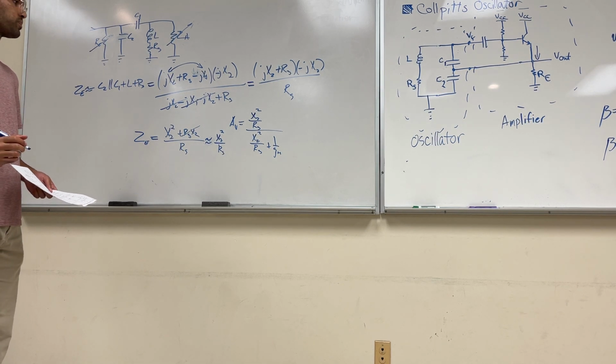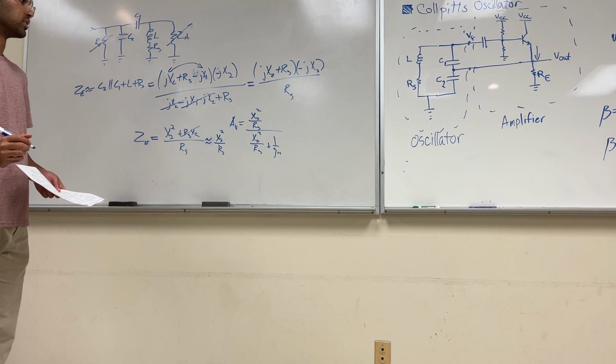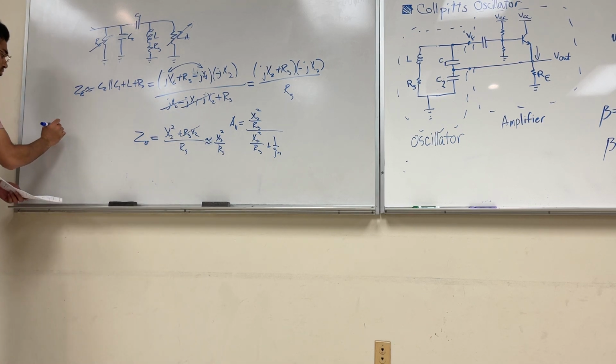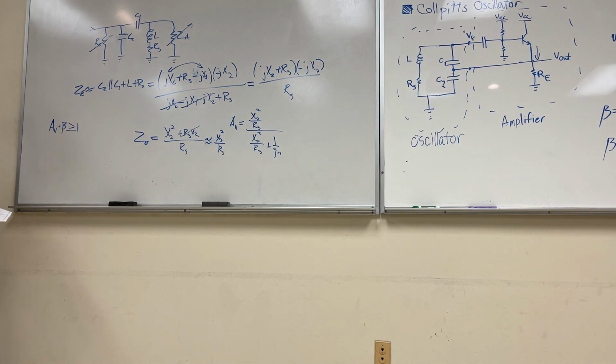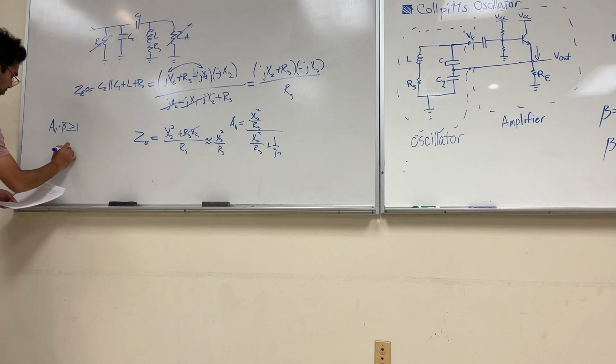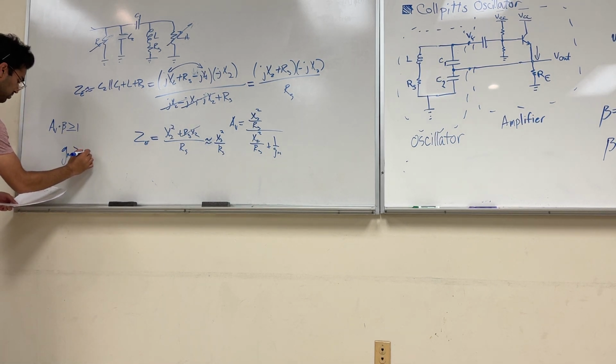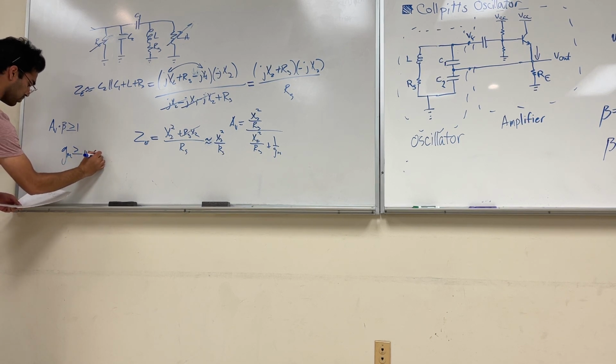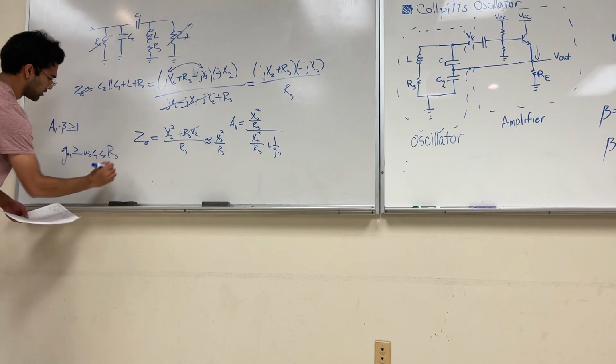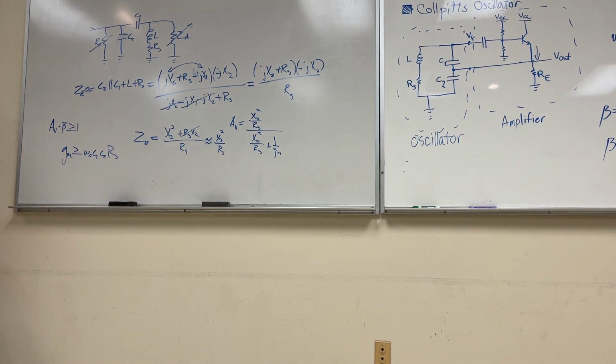Eventually we want AV times beta to be greater than or equal to 1. If you plug in everything, you'll rederive what Ramtin wrote out originally, which was GM is greater than or equal to omega naught C1, C2, RS. So through two approaches, we can get the same relation.